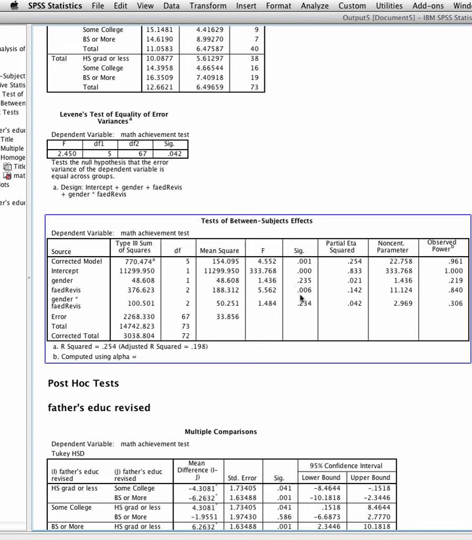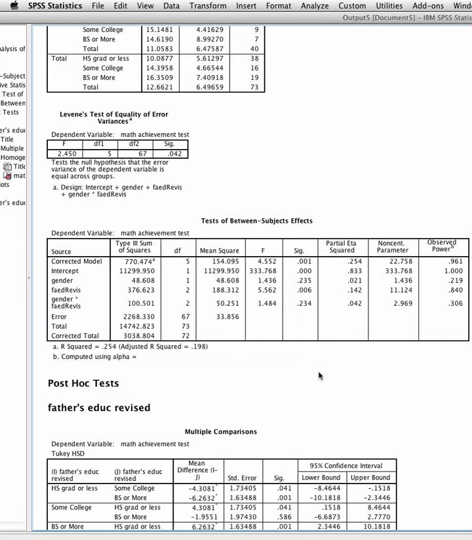So we can say that students with fathers of varying education levels do score significantly different on mean math achievement scores. And then the gender by father's education revised interaction effect was not significant. So what this means is that males and females do not differ in some levels of father's education and not others.